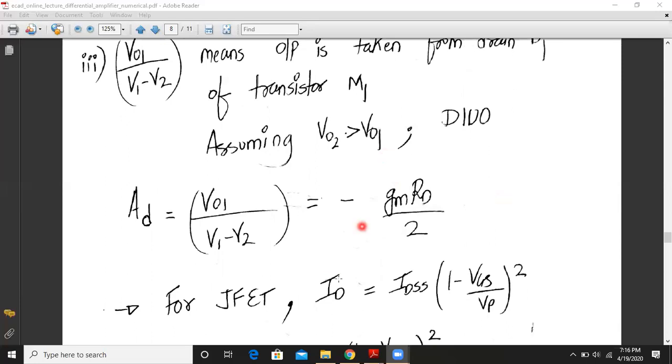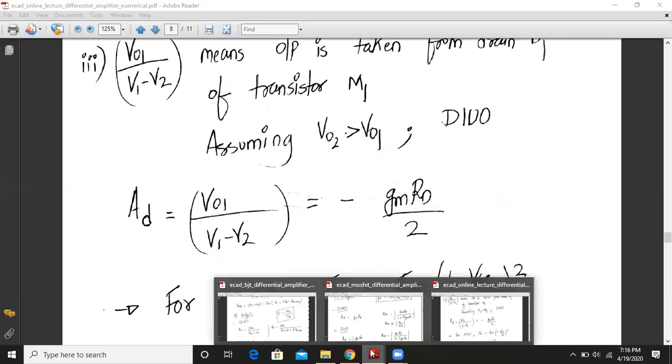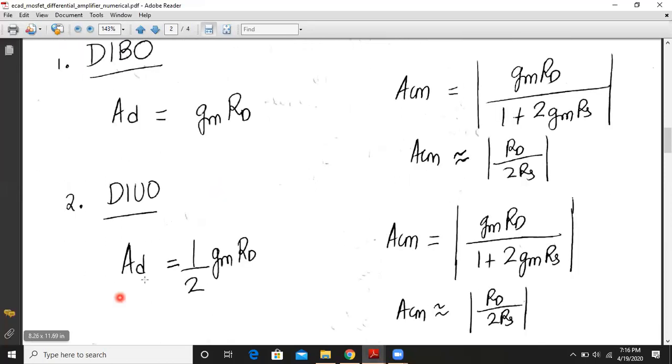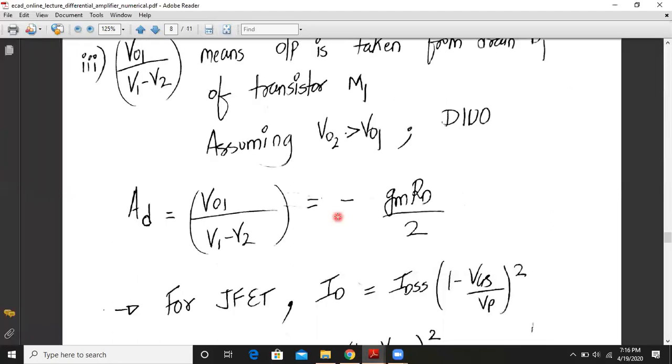So let us check the formula again. For the DI-UO configuration, the differential gain formula is given by GMRD divided by 2. Here it is written with a minus because VO1 is less than VO2, so it will be minus GMRD upon 2.